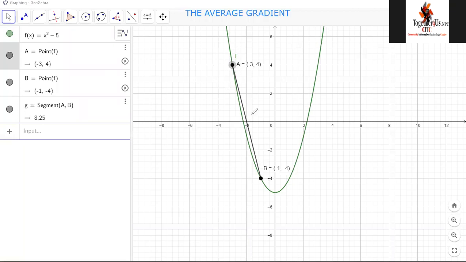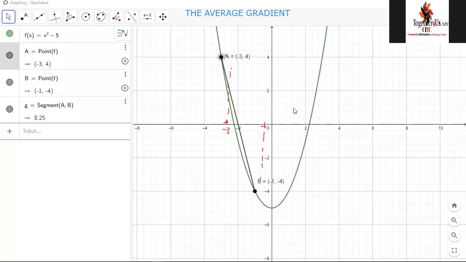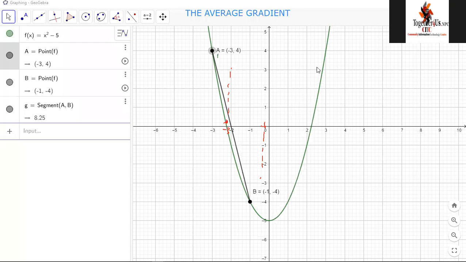If you see, I've got 2 points here that I have plotted, A and B. Point A has an x value of -3, and this one is -1. Maybe if I zoom in nicely, they will all come through. Yes, I think that's better.